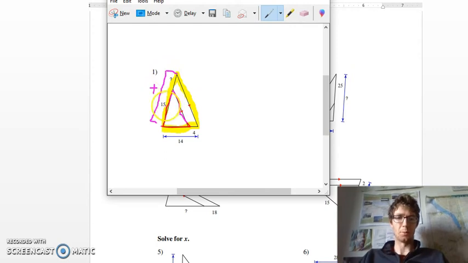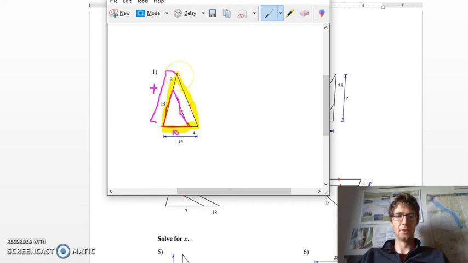So 15 is proportional to this x over here. This whole thing is the 14, and then this right here will be 14 minus 4, which would be 10. So the distance from here to here is 10, all the way over is 14. Here to here is 15, all the way over is x.